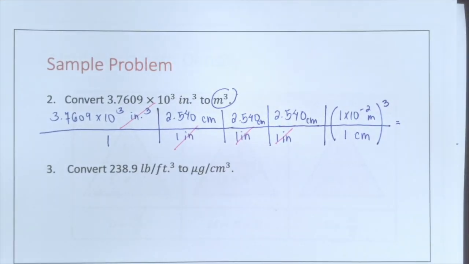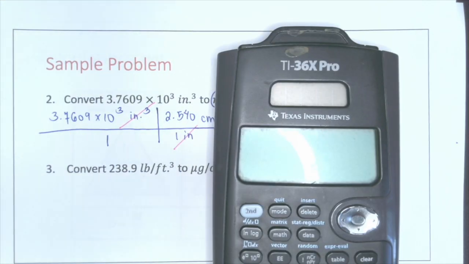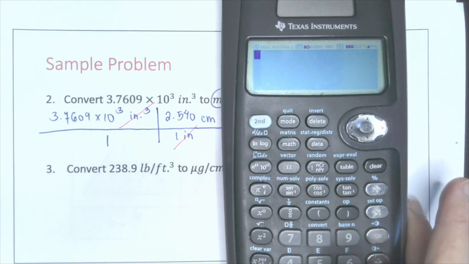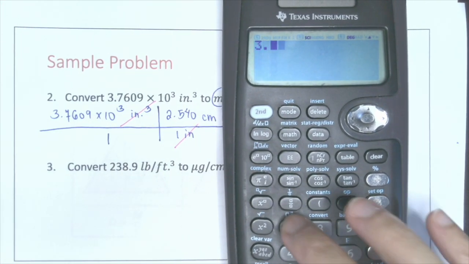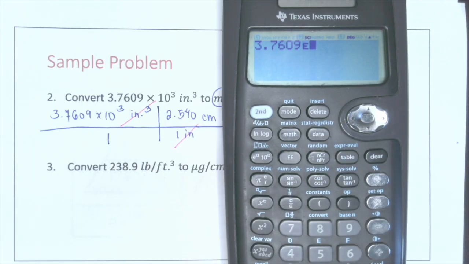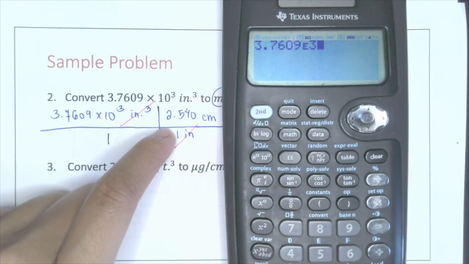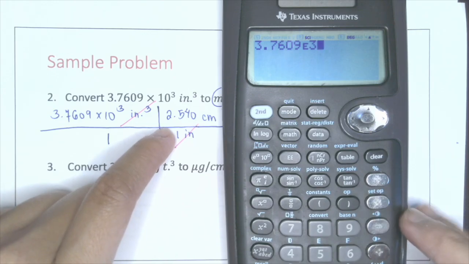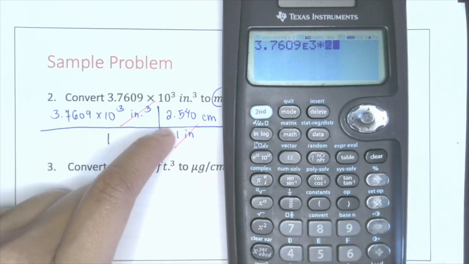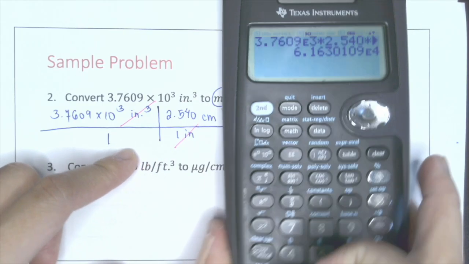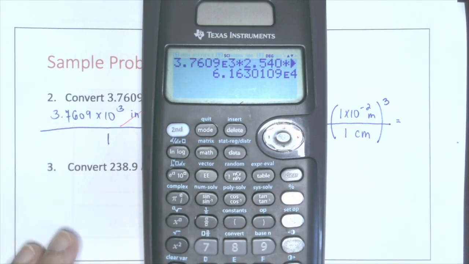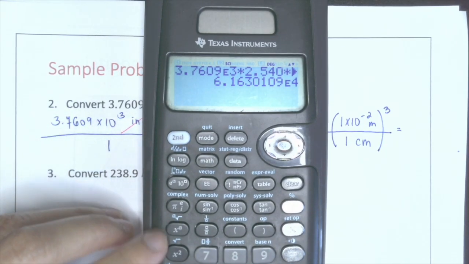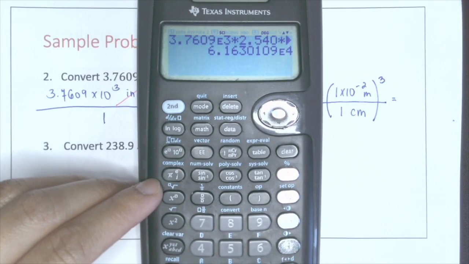All right, so let's go ahead and enter this in our calculator. We have 3.7609 times 10 to the third. We have to multiply that by 2.540. You can enter it in your calculator as it shows on the paper, so times 2.540 times 2.540 times 2.540. Or you can also enter it using the functions in your calculator.